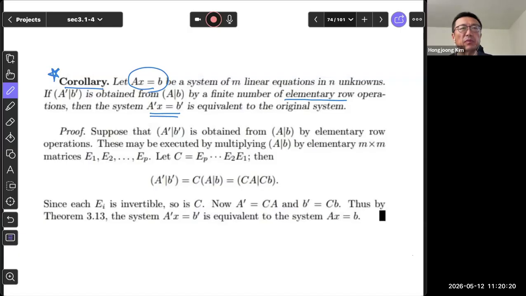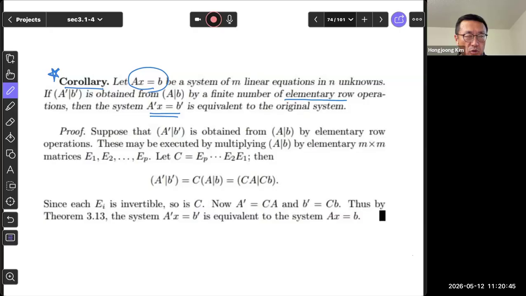So given a system of equations, from now on I will construct the augmented matrix, and then I will perform row operations. Then I can find the corresponding system of equations, and these systems will have the same solutions.